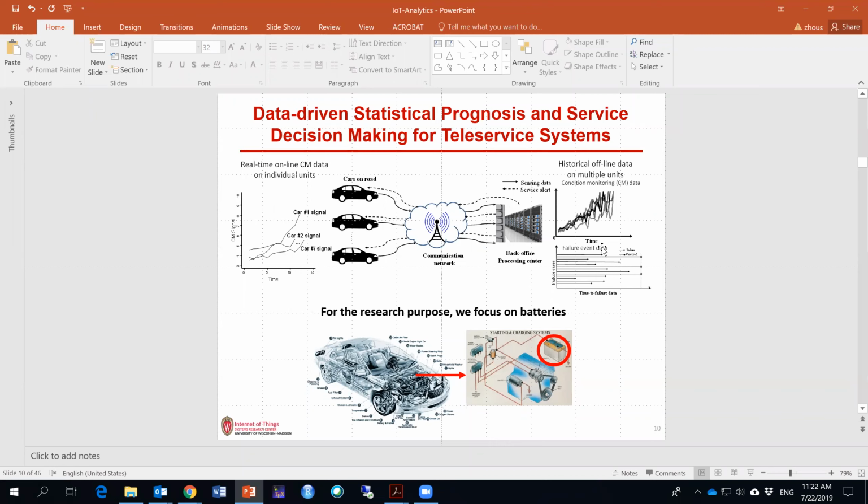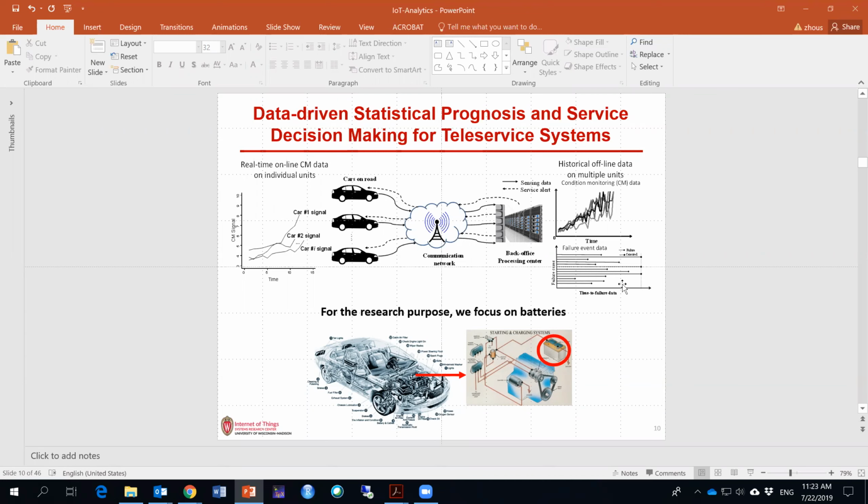And another type of data is the failure events. It's a record of the event that the car battery fails. For a specific car, those failure events are very rare. Typically in the whole lifetime of the automobile, maybe once or twice. But because we monitor a large number of automobiles in the field, we have a decent amount of such event data.